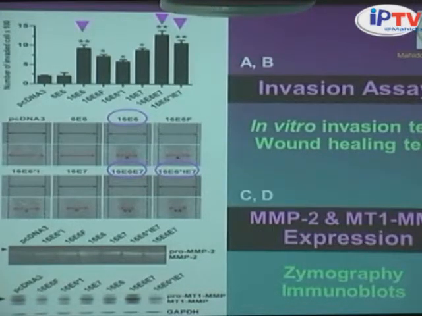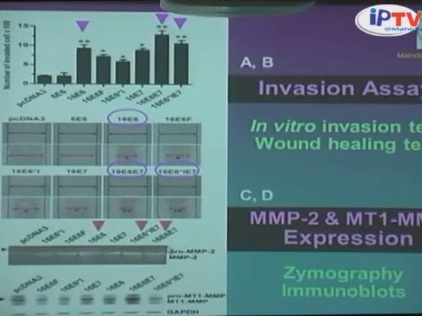So we move on to detect the expression of the enzymes in these cells. MMP2 is detected by using zymography because it is a gelatinase and it is easily detected using enzyme gelatinolytic activity.